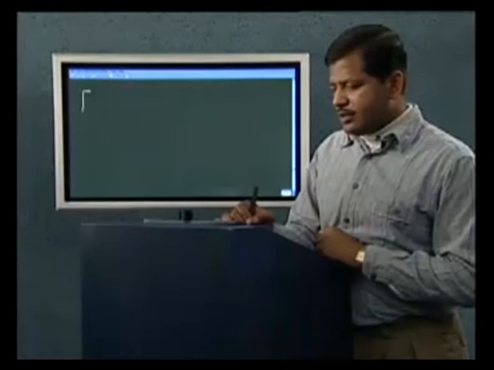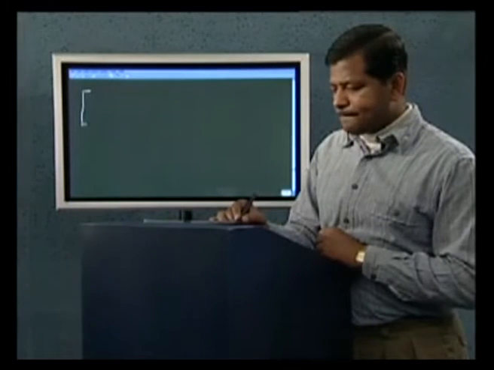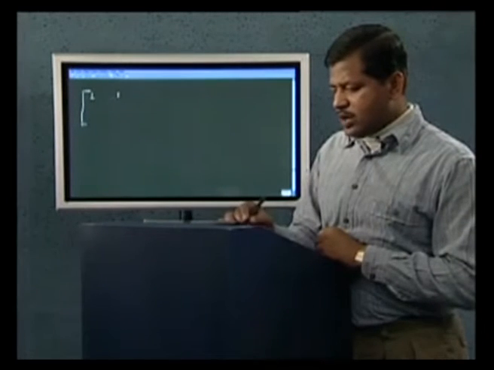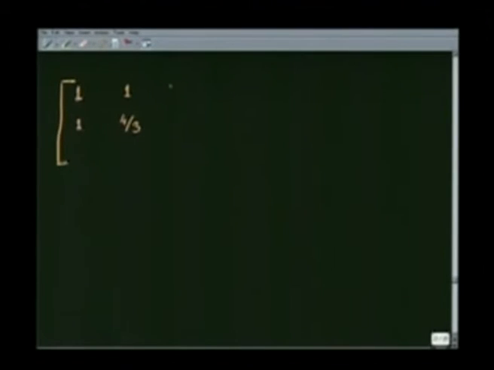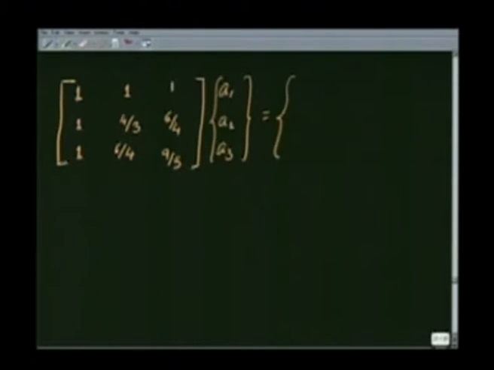We will get the matrix k as 1, 1, 1, 4 by 3, 1, 6 by 4, 9 by 5. This 6 by 4 also has to be here, because it is symmetric. This into A1, A2, A3 is equal to F1, F2, F3, where F1, F2, F3 can be evaluated from the integrals.